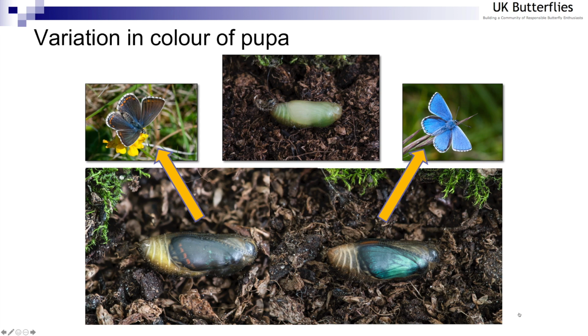In fact, when I first saw this male pupa formed in the Adonis blue, it was absolutely amazing because the electric blue that you see in the male butterfly also comes through in the pupal stage as well. An amazing sight to see.